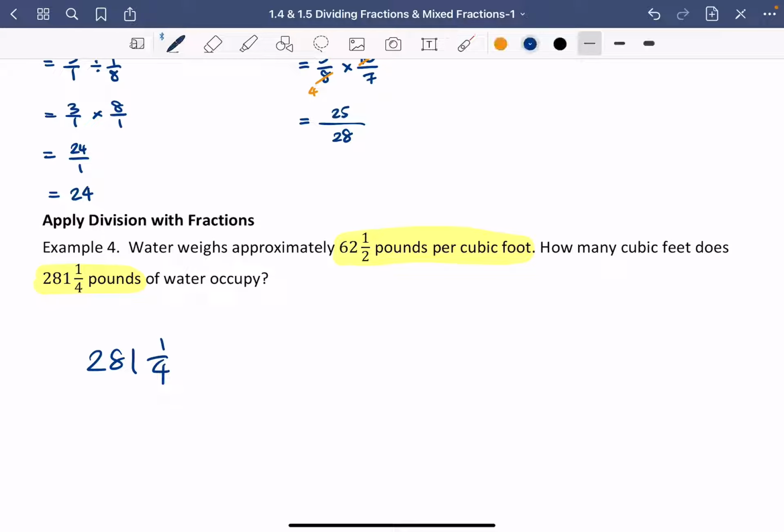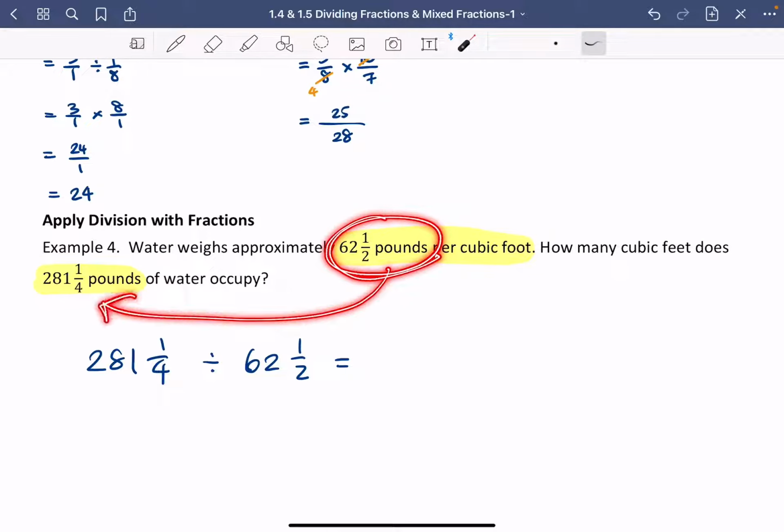Okay, in order to find that, we would divide 281.25 by 62.5. By dividing, I'm actually looking for the number of 62.5 pounds in a total of 281.25.